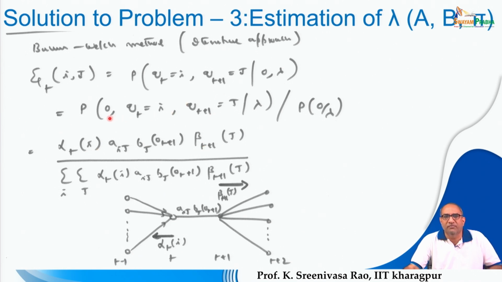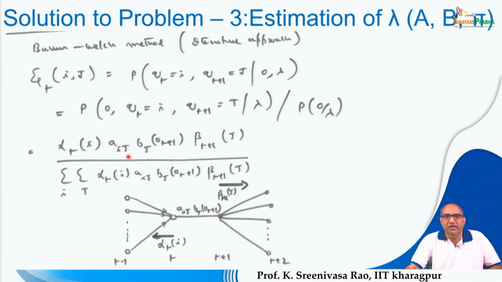Here the joint probability of O, comma, q t equals i and q t plus 1 equals j can be written as alpha t of i, which is the probability of the partial observation sequence with the system being in state i at time t, and then b j of O t plus 1, where at time t plus 1 the system is in state j, and for moving from i to j the transition probability is a ij.